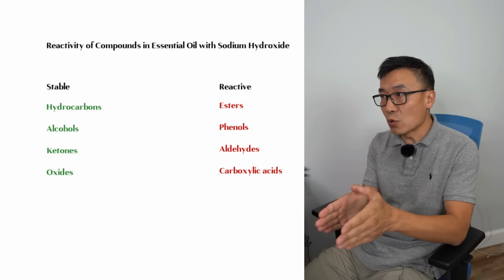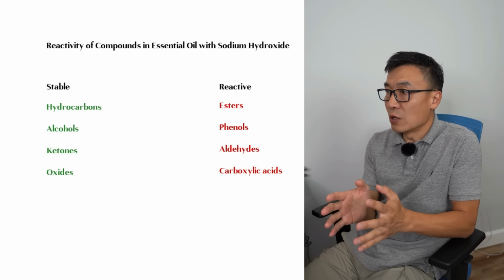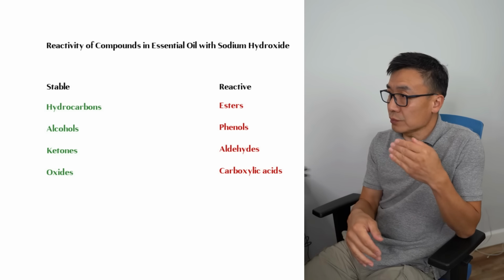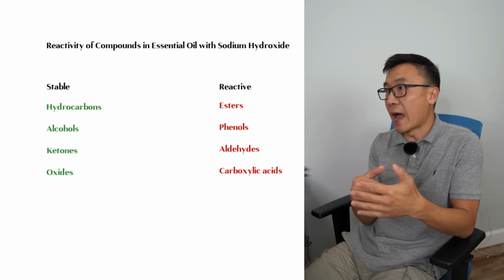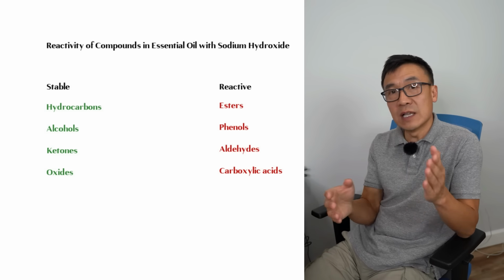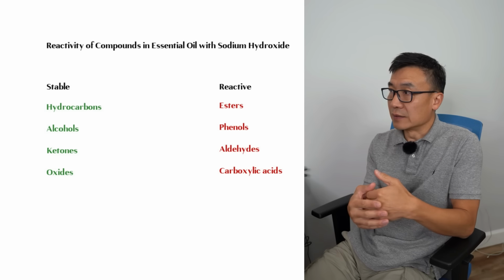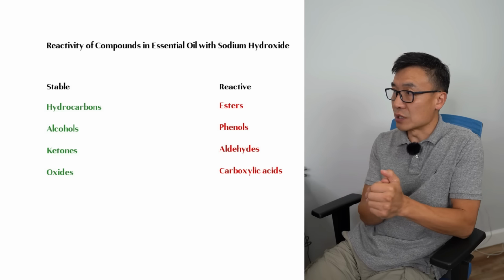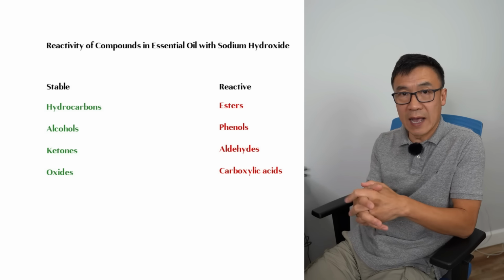There are stable groups like hydrocarbons, alcohols, ketones, and oxides. But there is also the group that is reactive with the sodium hydroxide. That means they will react if you have sodium hydroxide, and they will change their chemicals, like esters, phenols, aldehydes, and carboxylic acids.